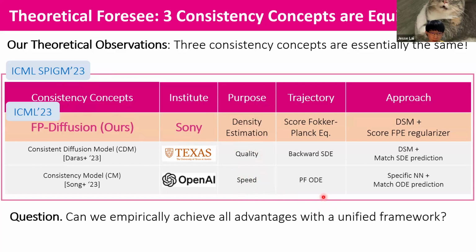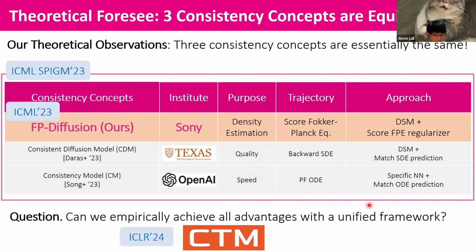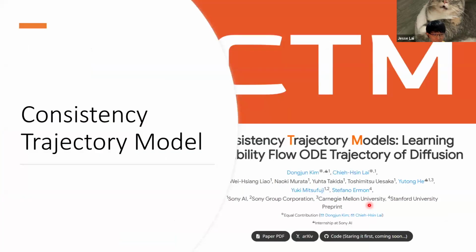So this is the question. And the answer is CTM, I mean the Consistency Trajectory Model, which was just freshly accepted at ICLR this year. So, all right, this comes to our topic, the Consistency Trajectory Model. And actually, we just released the code, so you can check the webpage later.